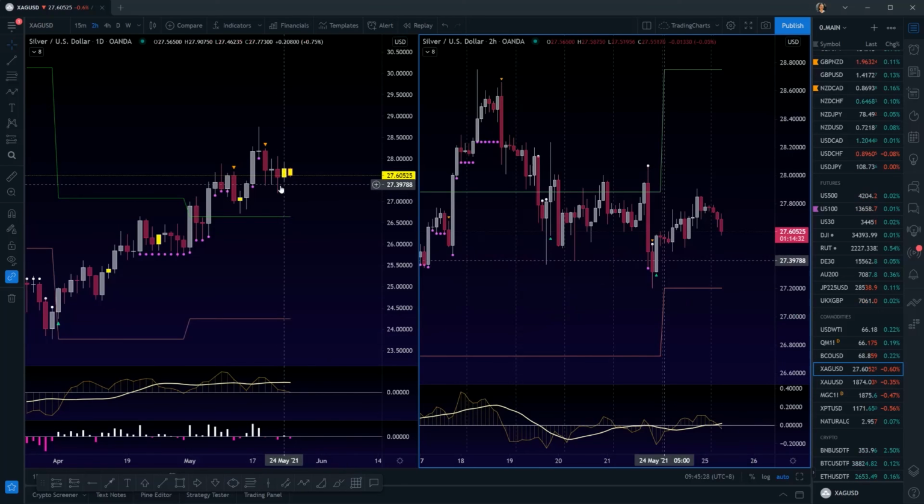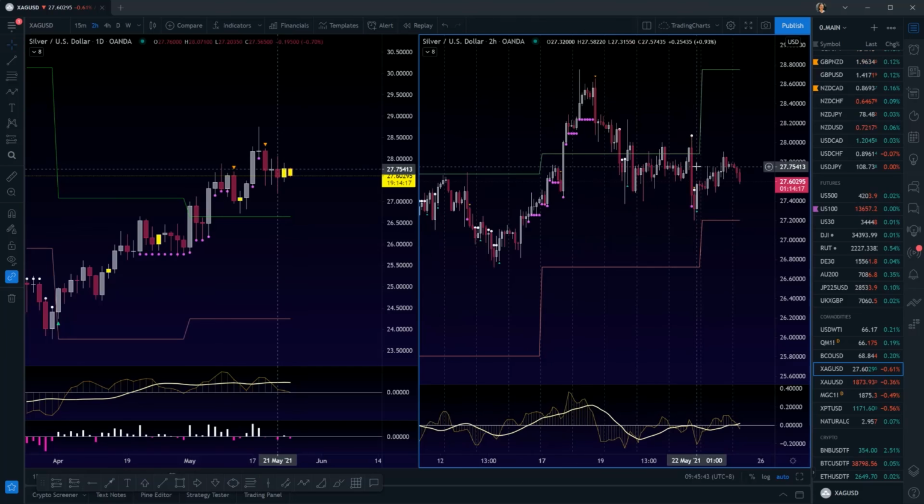Silver, look at the indecision. It's just an inside bar in the middle of the range, and man, narrow range, inside bar. Daily is still up.